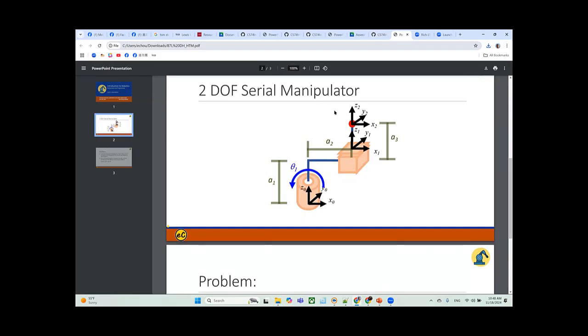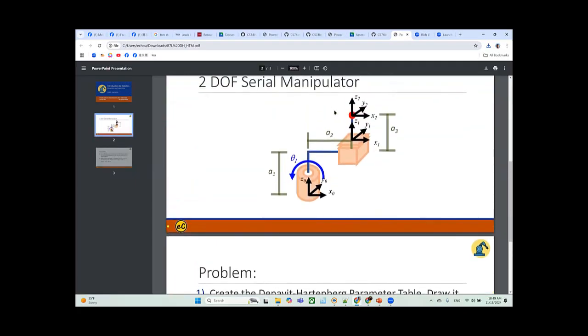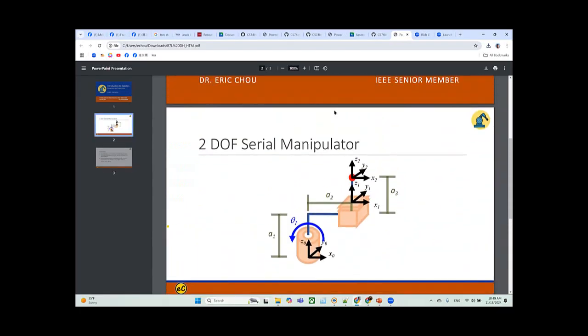The other one is prismatic. So the problem is that you need to create a Denavit-Hartenberg parametric table, and we have that in the video above, okay? And then write a Python program to calculate the omega W0n, okay? That is the end effector frame from the original point W. Okay, so that's the program that we need.